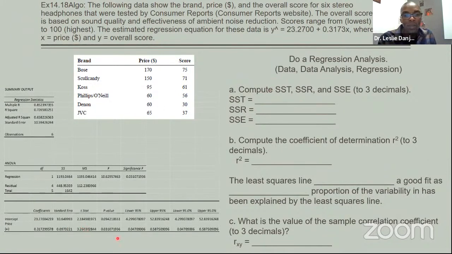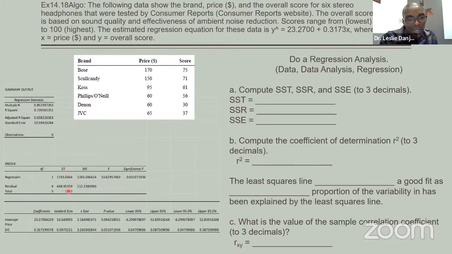Here is your SST, SSR, SST, and the residual, please note to self, is your SSE. SSE is this number right here. That's that number, and that's that number, and that is that number.